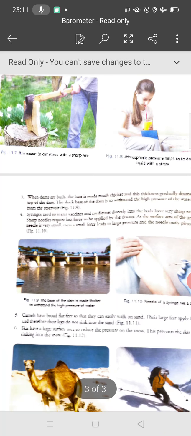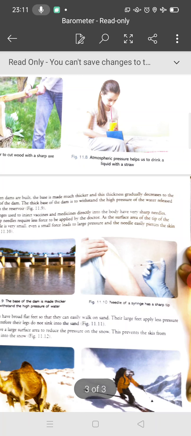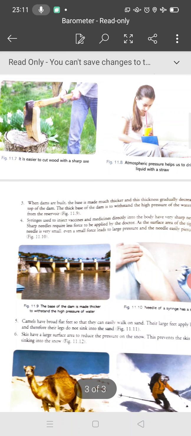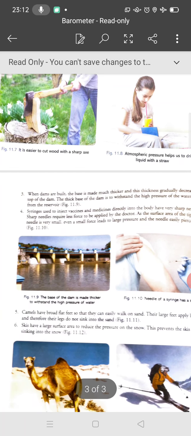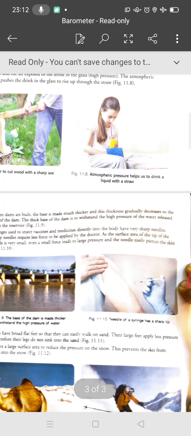Syringes used to inject vaccines and medicine directly into the blood have very sharp needles, and sharp needles require less force to be applied by the doctor, as the surface area of the tip of the needle is very small, and even a small force leads to large pressure. Area is less, so pressure will be large, and the needle easily pricks the skin.